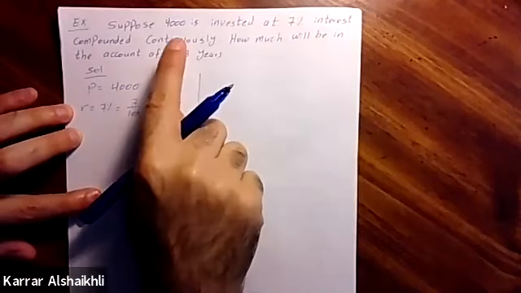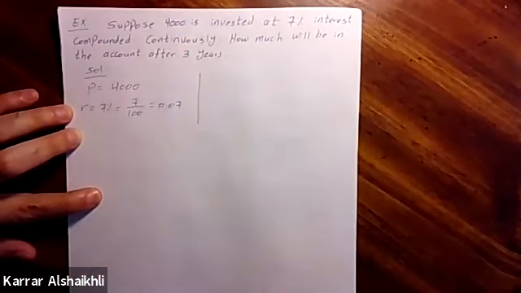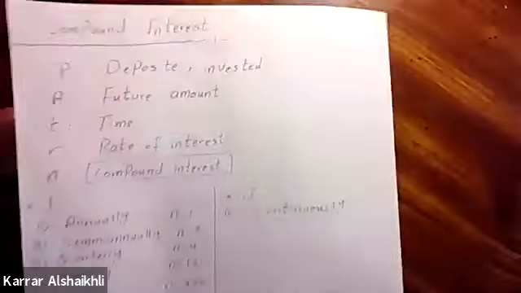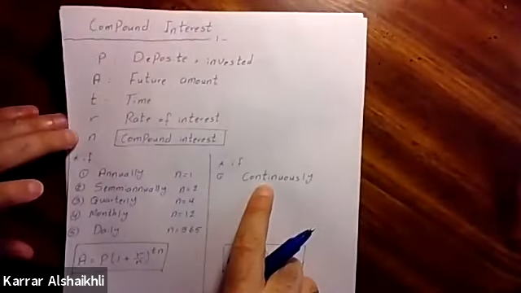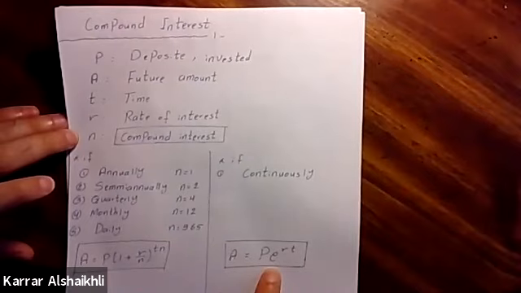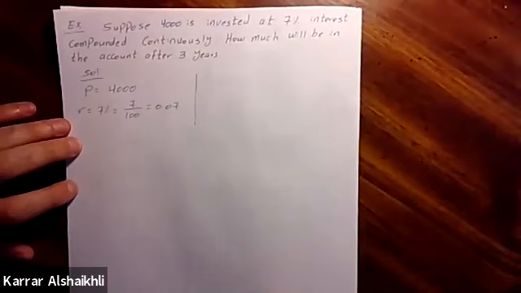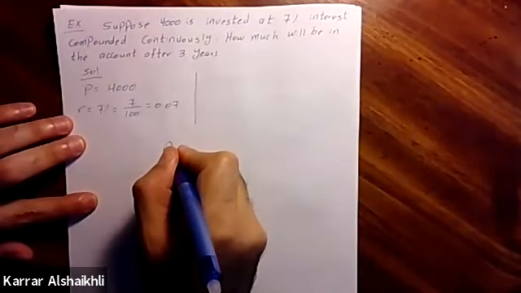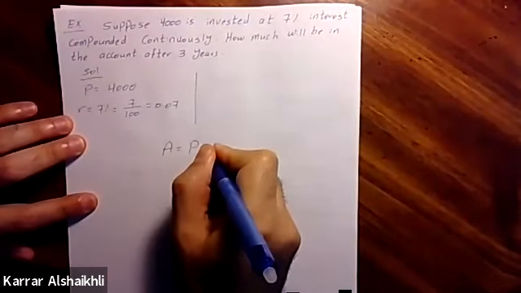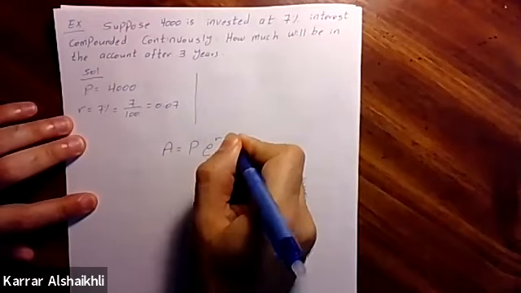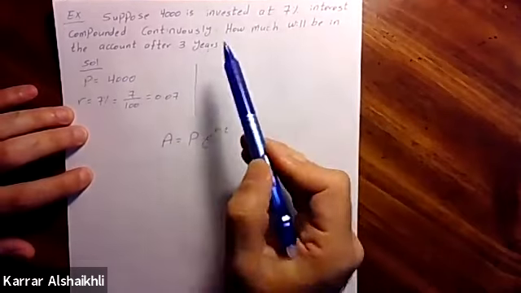Compound continuously. This is the important part. If you go back here, the compound, if it's continuously, I'm going to use this formula. So I'm going to show you how to use this formula. That means I'm going to use A equal P, E, and RT. Let's keep going.